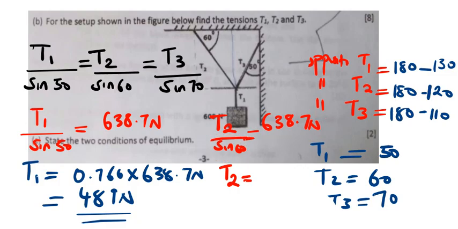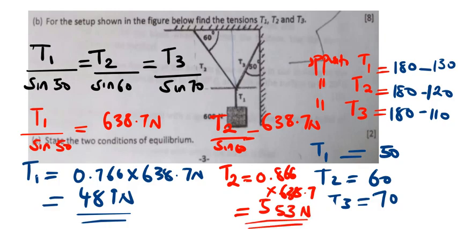What is sine 60? Sine 60 gives me 0.866. Multiplying this by 638.7 gives me T2 as 553 newtons. So basically, these are the forces acting on this object.